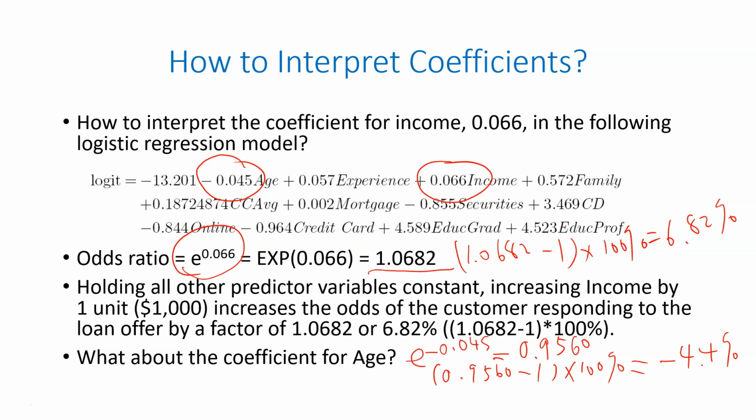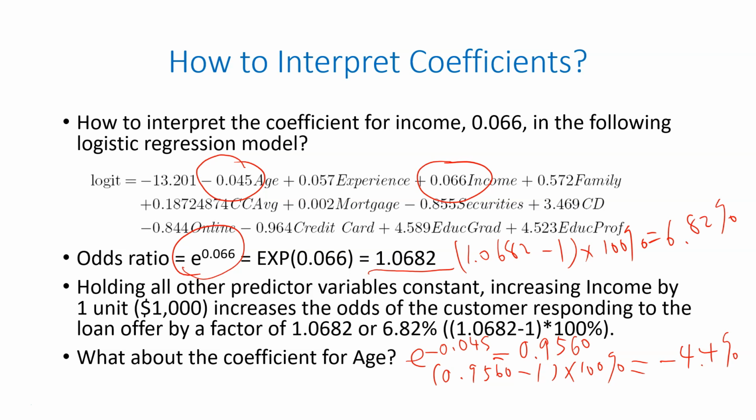And this means that holding all other predictor variables constant, increasing age by 1 unit would result in a 4.4% reduction in the odds of the customer responding to the loan offer.